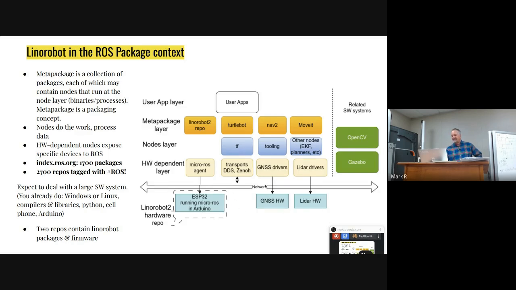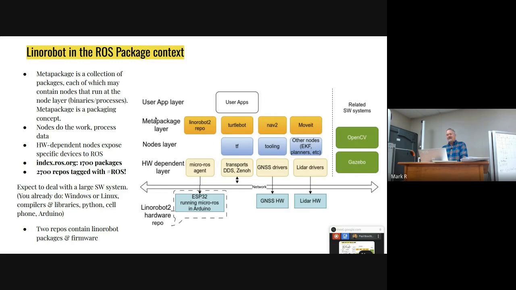Other hardware devices live below the network layer, and may use the network or direct serial connections. Then you've got ROS nodes above that, hardware-dependent layers like the micro-ROS agent that talks over the link to the micro-ROS in Arduino and publishes topics up into ROS, transports, drivers for all kinds of hardware. And above that, I think of a nodes layer, all kinds of nodes that do everything you can imagine.